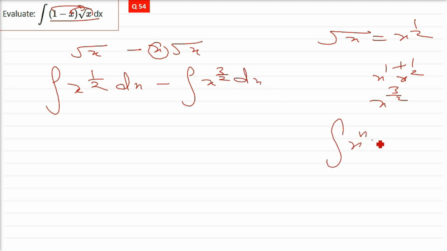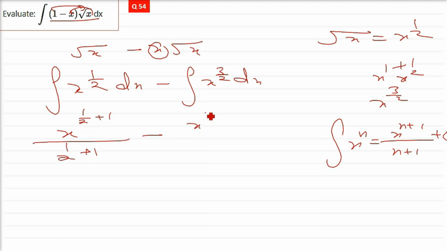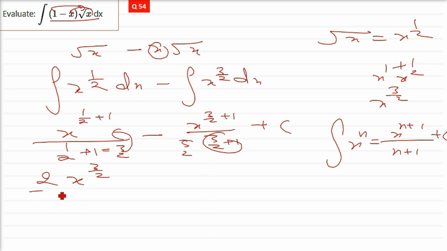Now let's integrate. The integral of x raised n is x raised n plus 1 divided by n plus 1 plus a constant of integration. This will give you x to the power half plus 1 divided by half plus 1, minus x to the power 3 by 2 plus 1 divided by 3 by 2 plus 1. Half plus 1 is 3 by 2, and 3 by 2 plus 1 is 5 by 2. So x raised 3 by 2 divided by 3 by 2, when it goes up it will be 2 by 3.